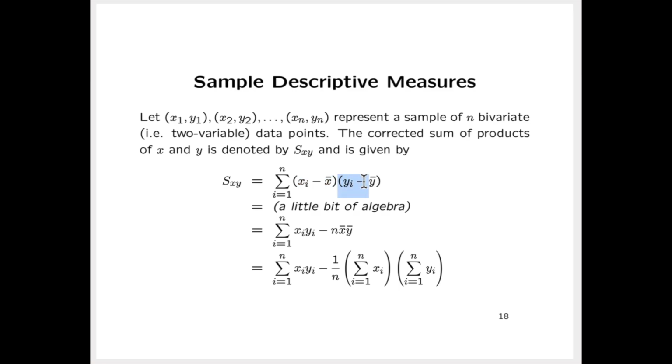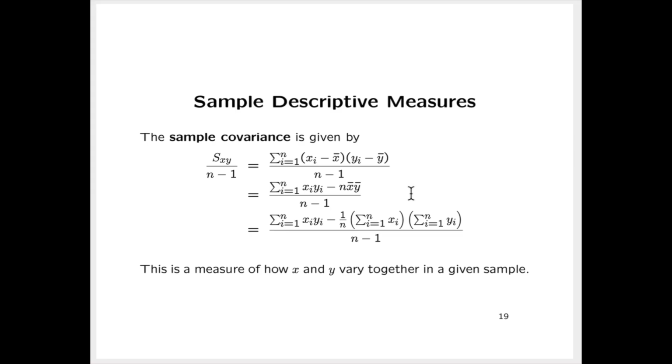And the units associated with y sub i minus y bar are the units of the y variable. And so the units of the corrected sum of products is the product of the units of the x's and the units of the y's. And so the sample covariance has units that are the product of the units of the x's and the units of the y's.